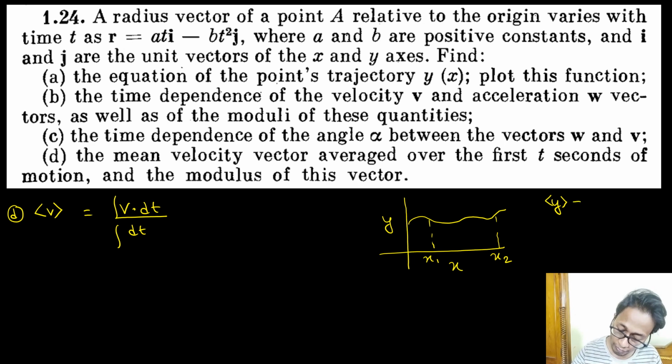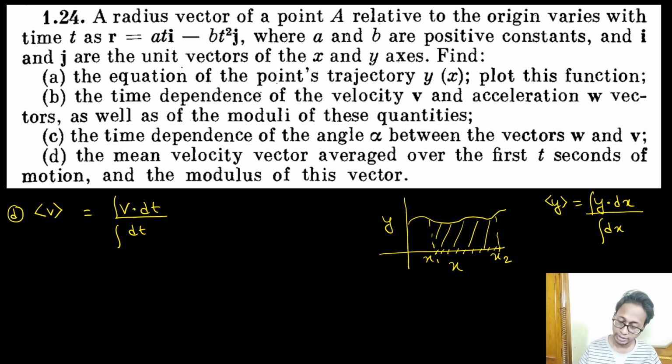So the mean of y is nothing but the integral of y dx divided by the integral of dx, or the area under this curve divided by the length of this line. Understood? This will give us the average value of y. So if I find the average value of velocity with respect to time, I get the integral of v dt divided by dt.